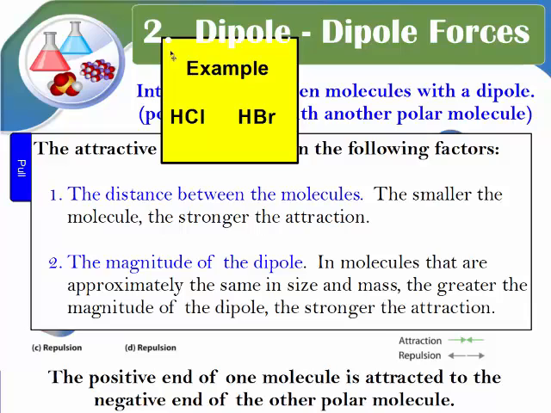Out of HCl and HBr, HCl is much smaller than HBr. So chlorine is smaller than bromine. According to number 1, the smaller the molecule, the stronger the attraction. So HCl has a greater dipole force than HBr.